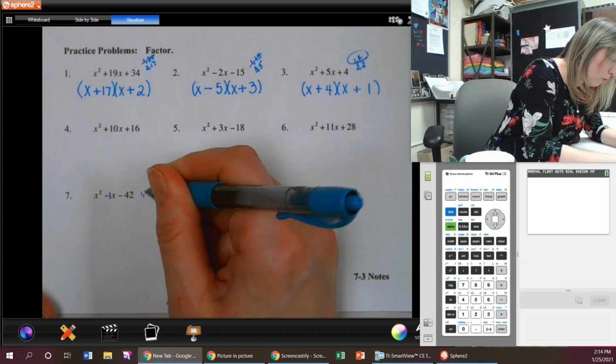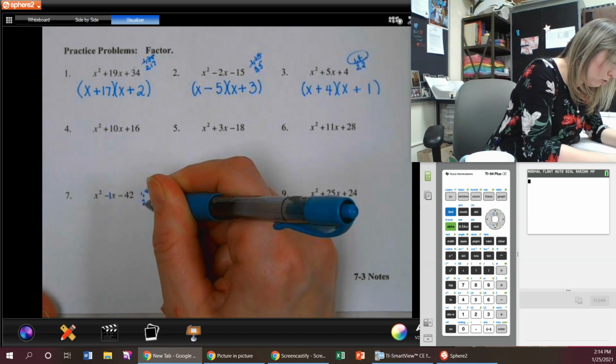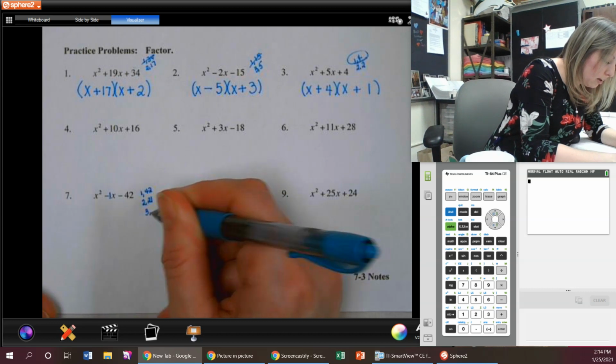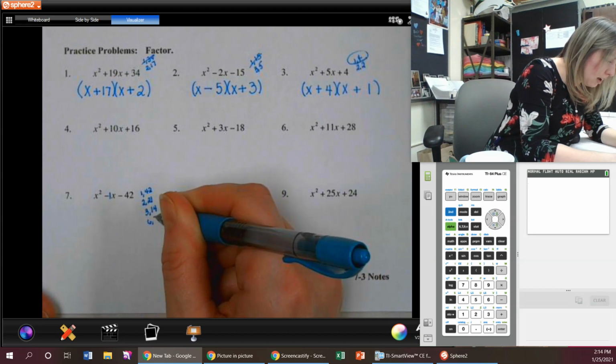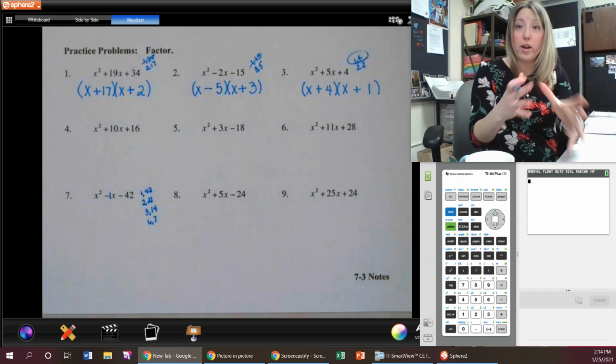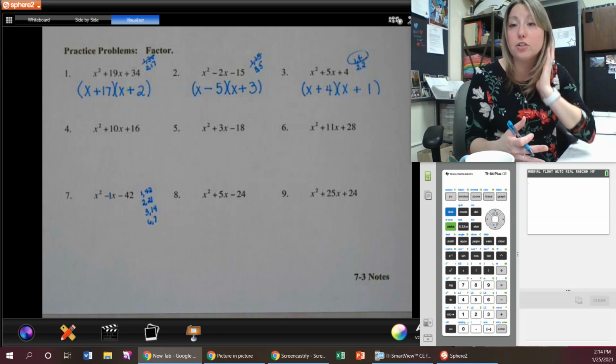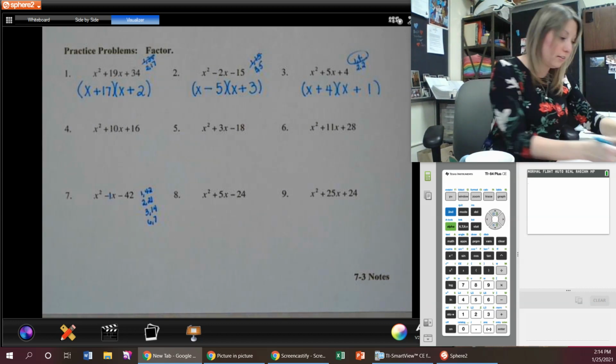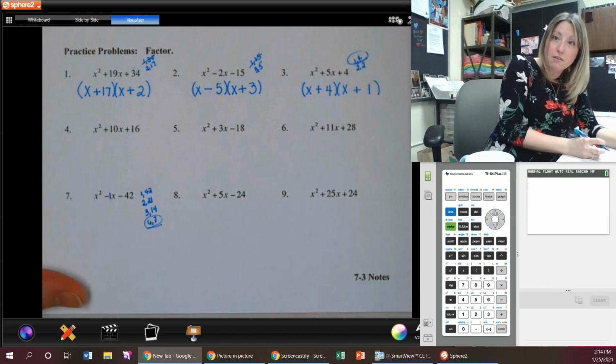We had 1 and 42, and we have 2 and 21, and we have 3 and, what am I thinking, 14, and we had 6 and 7. So which of those combinations of factors is also going to subtract to give me only 1? Well, that's got to be 6 and 7.